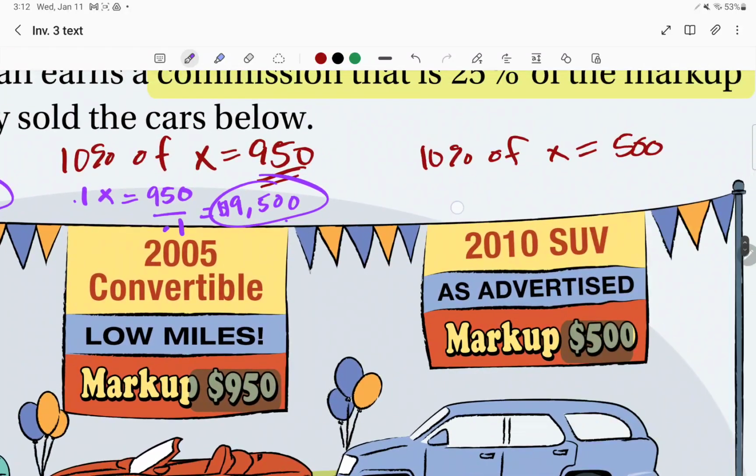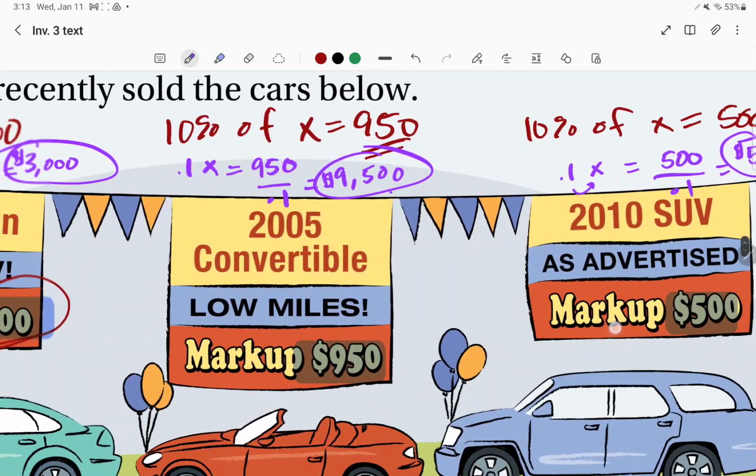And then lastly, 0.1 of X is equal to 500. But you're going to end up dividing by 0.1 to figure out what number that is right there. So you end up with $5,000. Make sure you're labeling it $5,000.